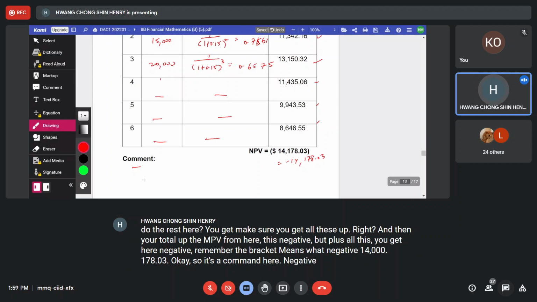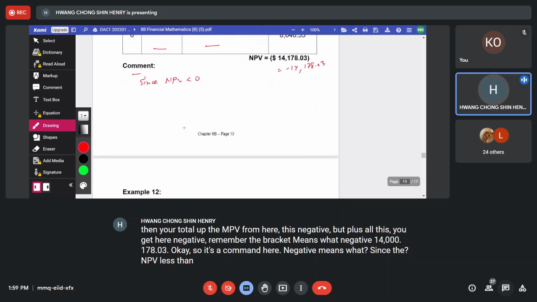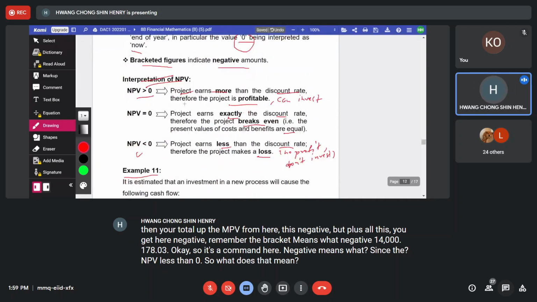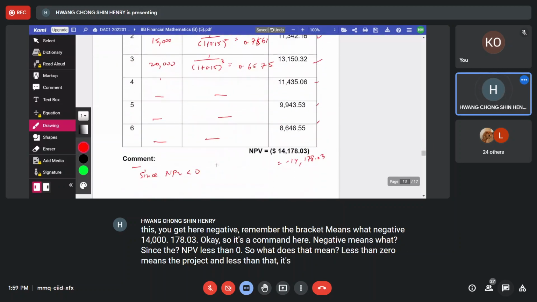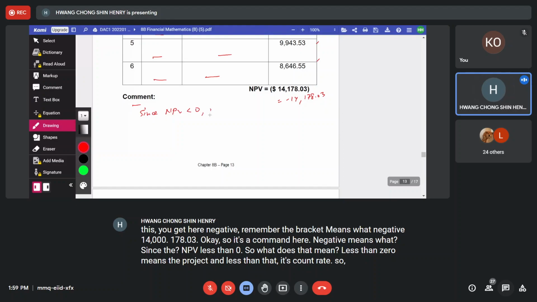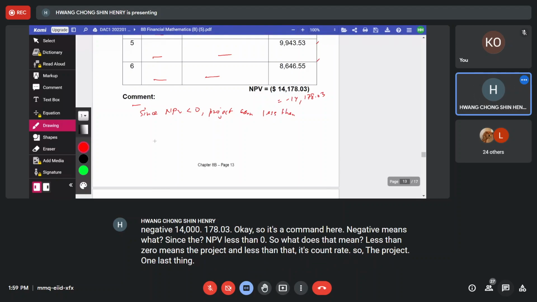Okay, so what's your comment here? Negative means what? Since the NPV is less than 0, what does that mean? Less than 0 means the project earns less than the discount rate. So what should we do?